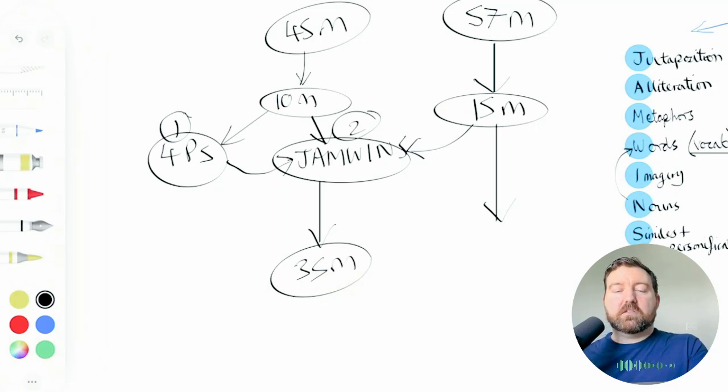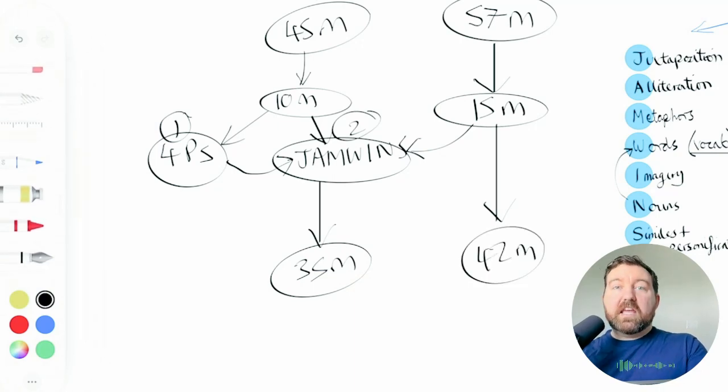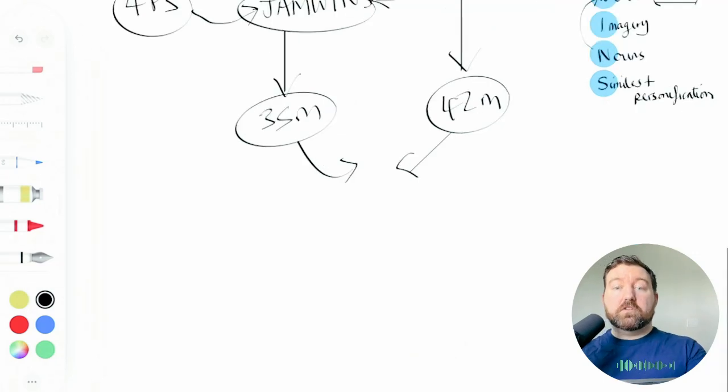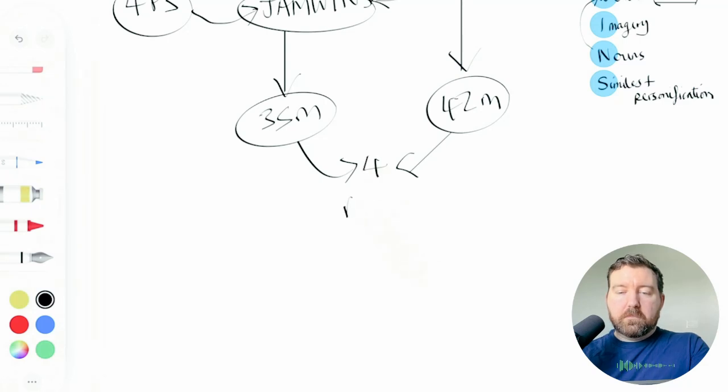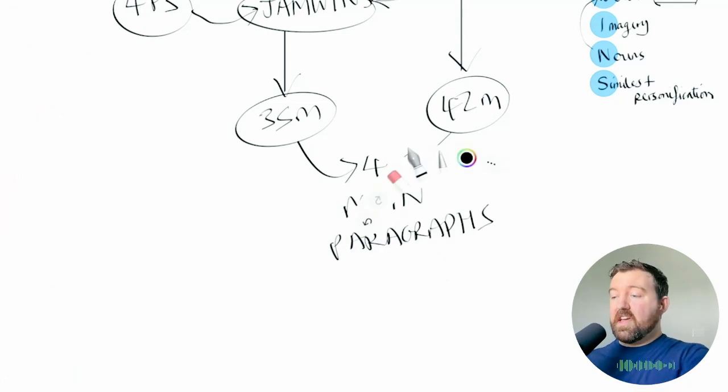Okay, so 10 plus 35, right? You've got roughly 42 minutes. The outcome is exactly the same, whether you're an extra time student or a non-extra time student. You're trying to do about 4 main paragraphs. I'm going to leave it there for today.